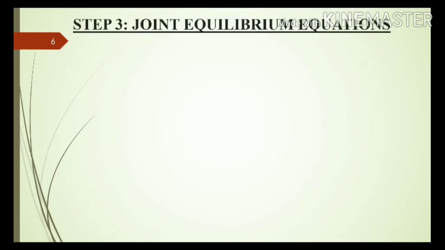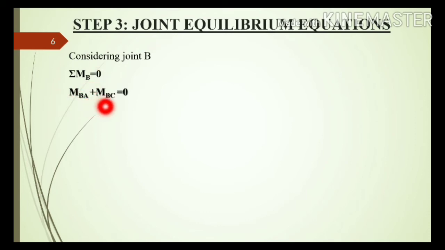Third step is the joint equilibrium equations. So here consider the joint B. In joint B there are two members acting, BA and BC. So we know for a joint, sigma MB equal to 0. Sigma MB equal to 0 means summation of all the moments acting along the joint is equal to 0. Here there are two members acting at the joint B, BA and BC. Therefore sigma MB equal to 0 means MBA plus MBC equal to 0.